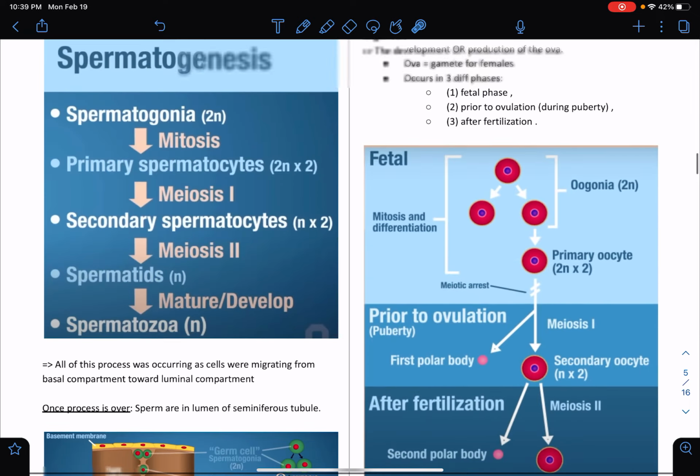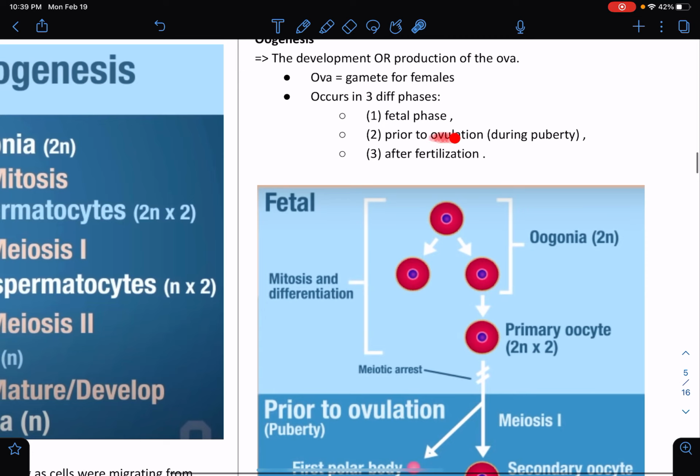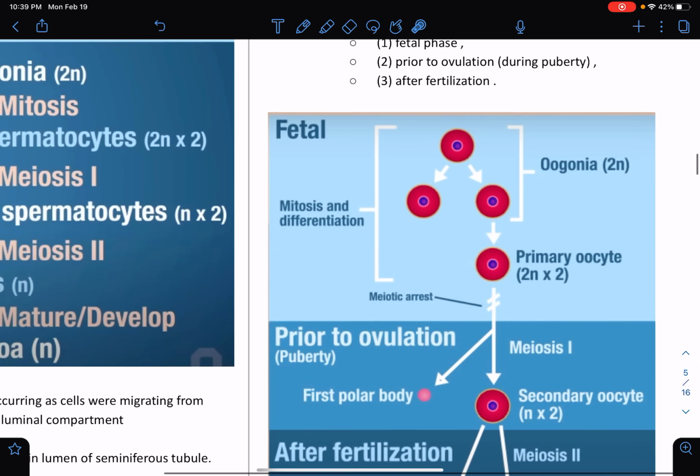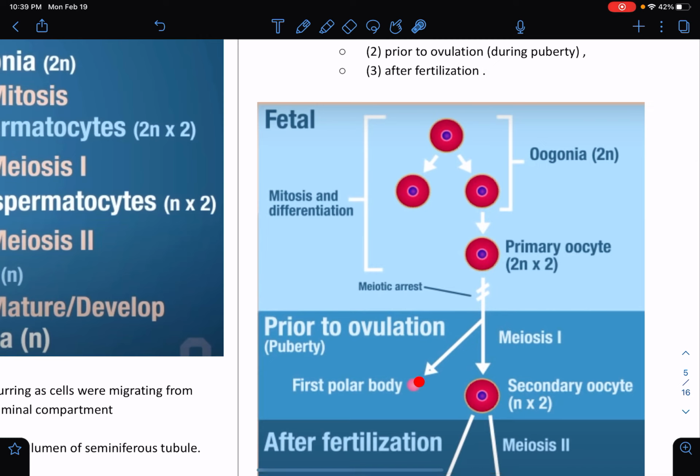Prior to ovulation, this is again the second phase. Meiosis 1 already is supposed to start during the fetal phase. Meiosis 1 finishes during the second phase, which is prior to ovulation. In that process, the first polar body is produced and it eventually disintegrates. And we have eventually the secondary oocyte.